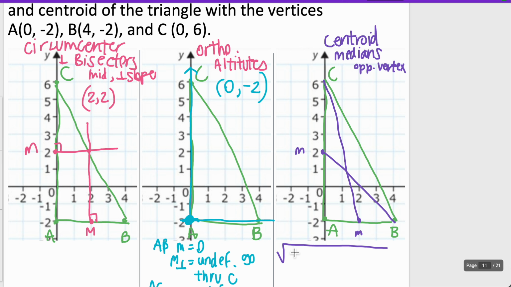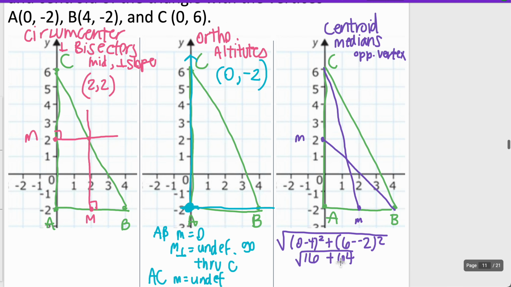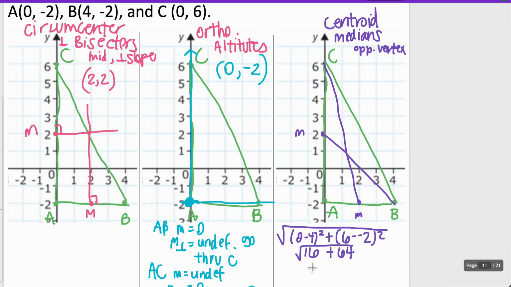So I'm going to do 0 minus 4 squared plus 6 minus -2 squared. -4 squared is going to be 16, and then 6 minus -2 is 8. 8 squared is 64. And then if I take 16 plus 64, I'm going to get 80.